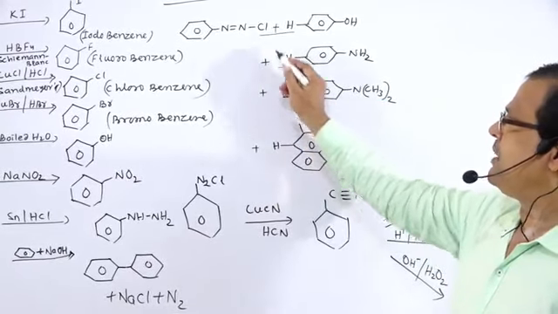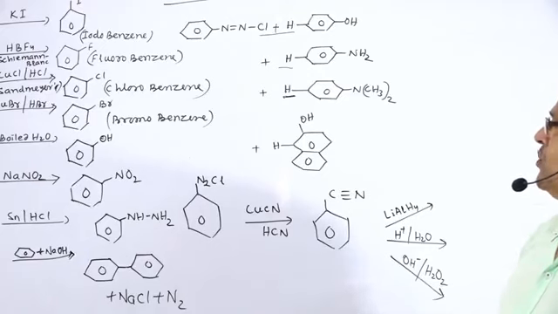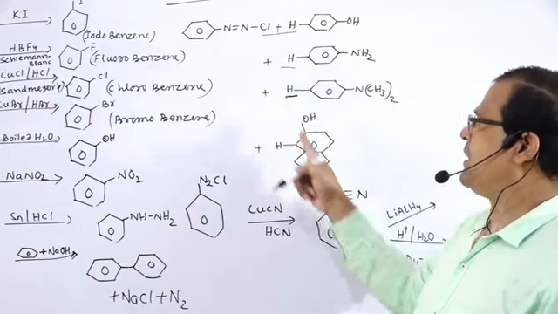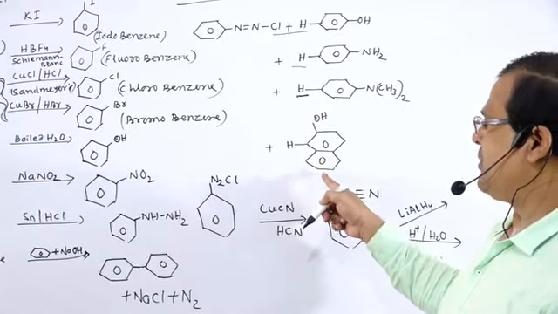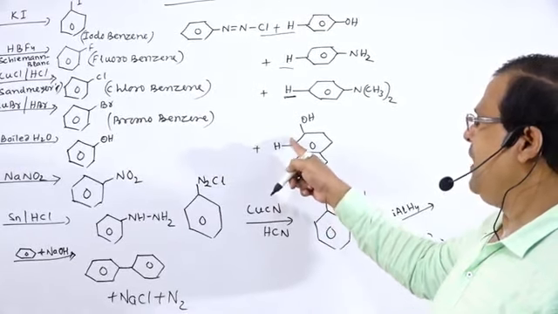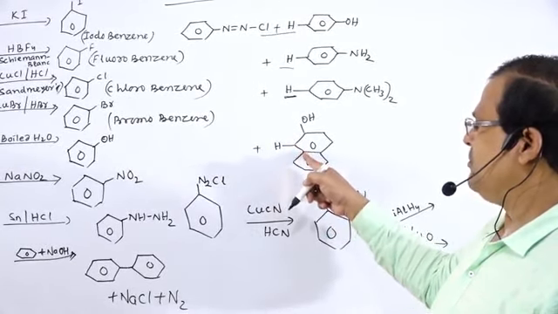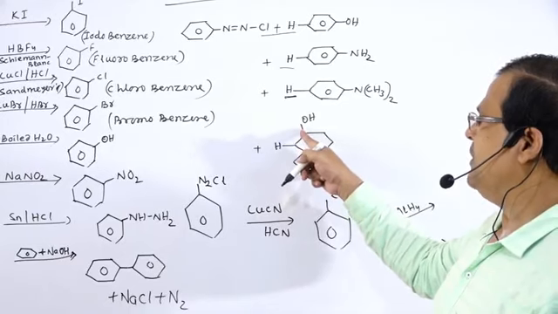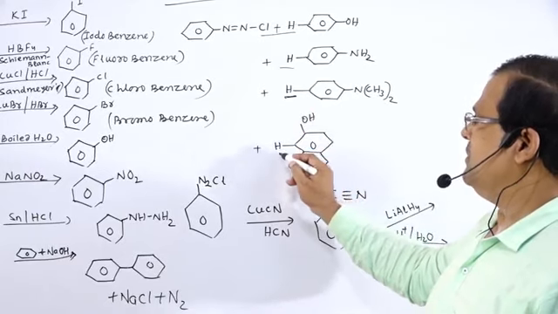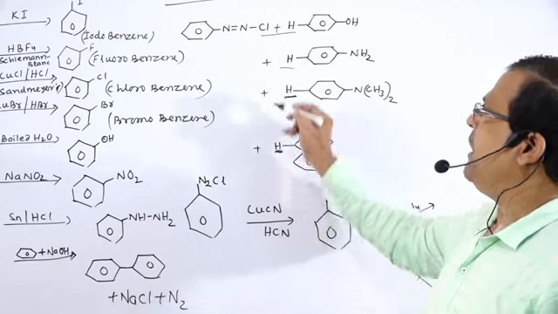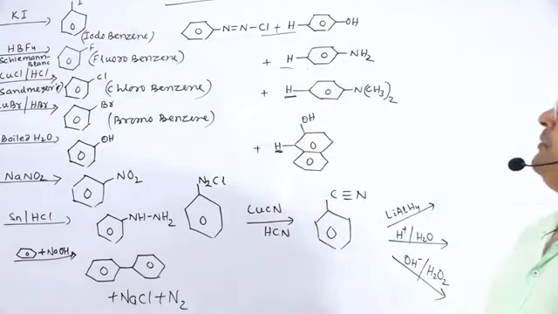H part and Cl part are removed in the form of HCl. Again BDC treated with beta naphthol, at the alpha position, the fusion point, alpha position, beta position, beta naphthol. Again the H part and Cl part are removed in the form of HCl.